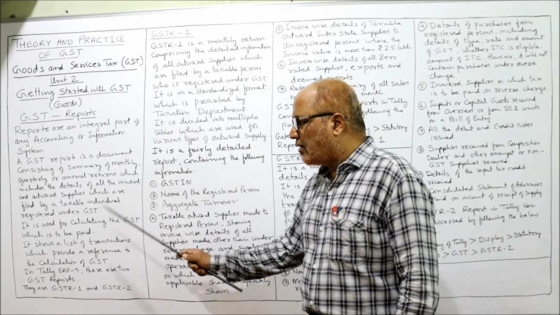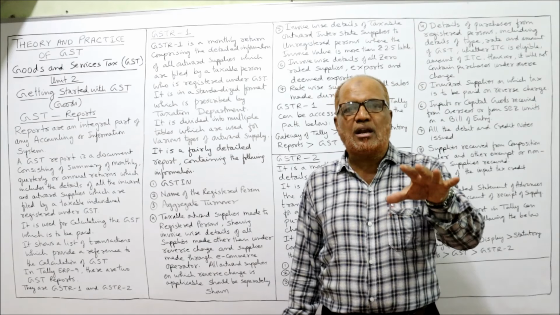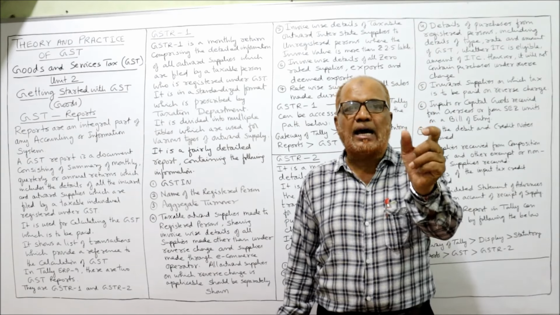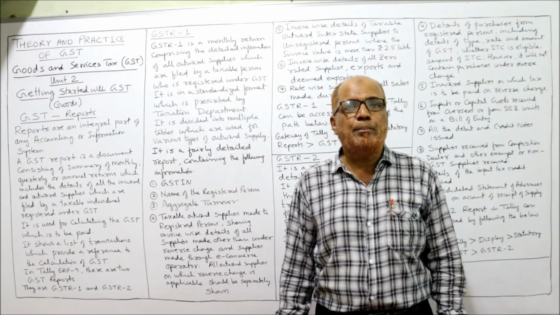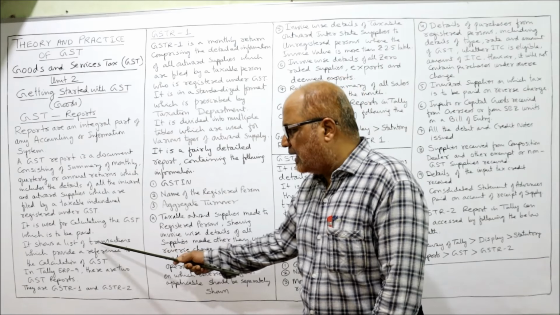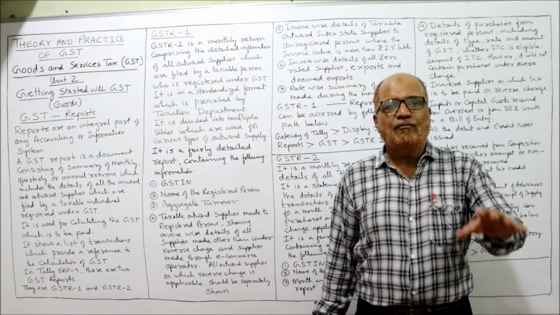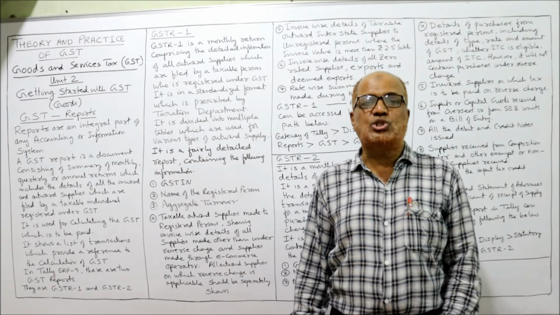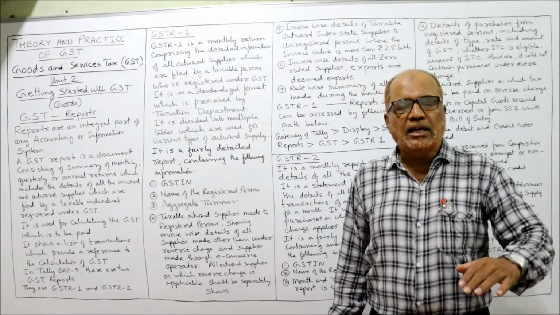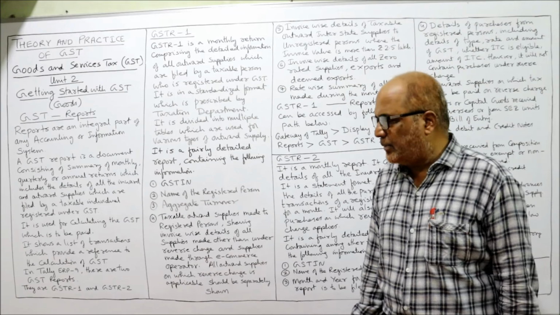It is used for calculating the GST which is to be paid. On the basis of these GST reports only, the tax liability, the GST payable, is calculated. It shows a list of transactions which provide a reference for the calculation of GST. With the help of these GST reports, we can easily calculate the amount of GST liability.